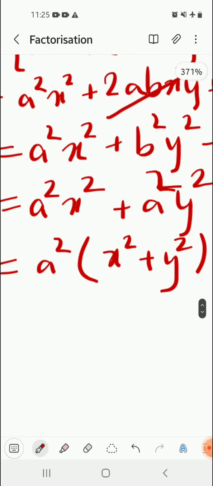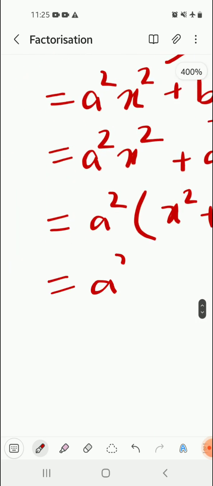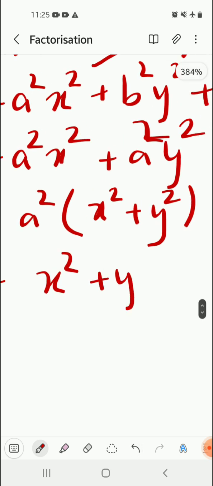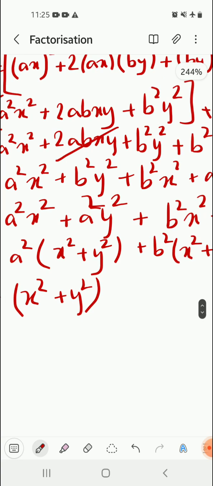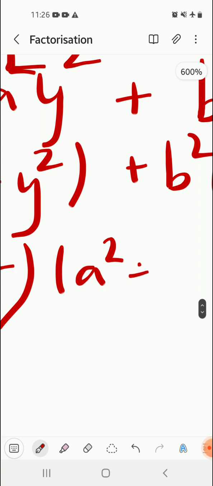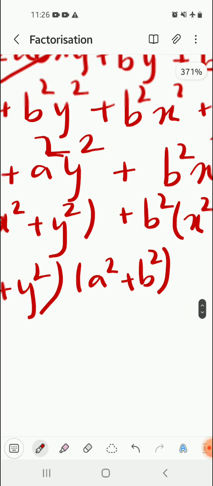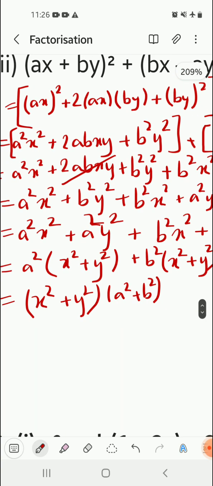Now we are going to write this together, so it's going to be x square plus y square, and whatever we are left with, that is a square plus b square. So these are the factors to this.